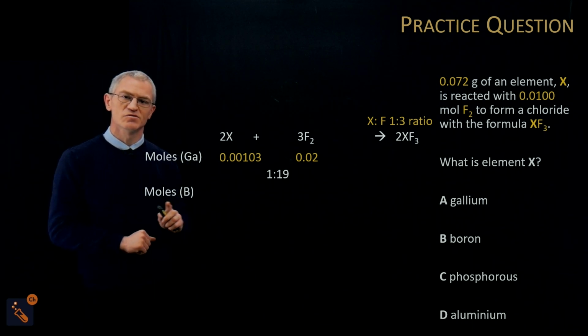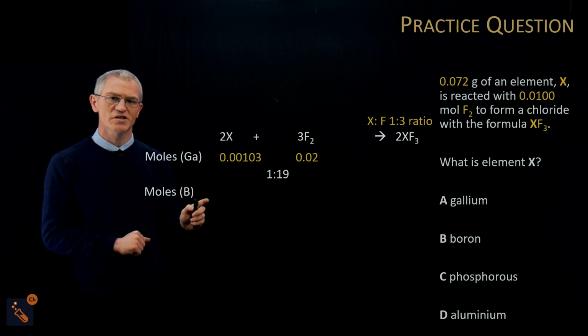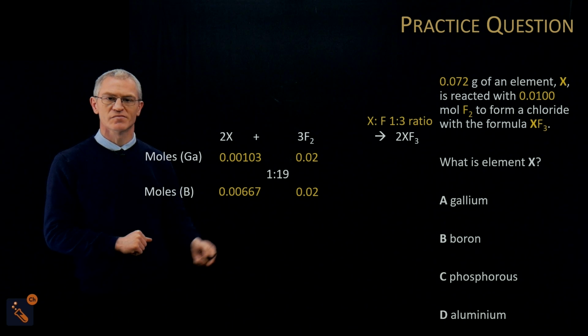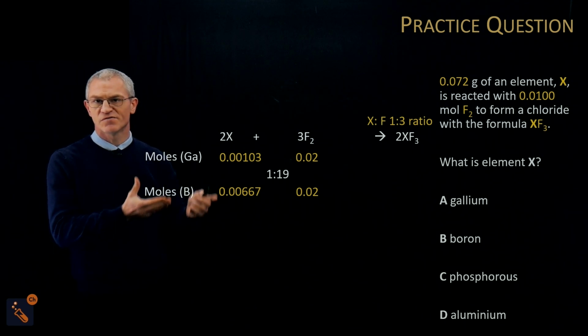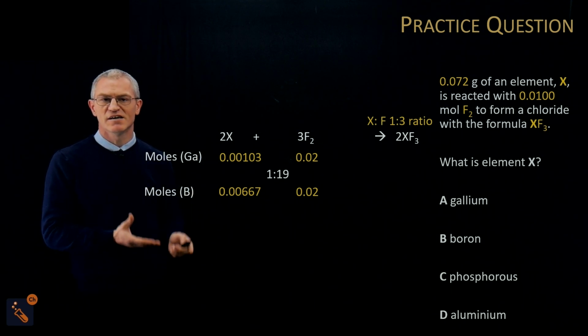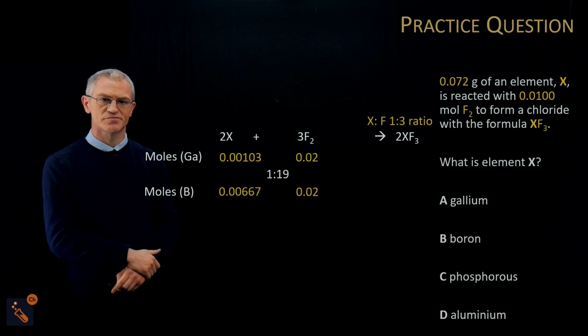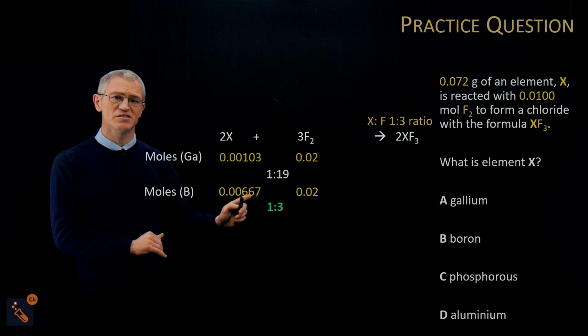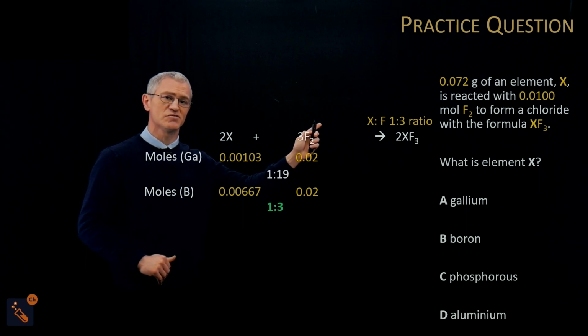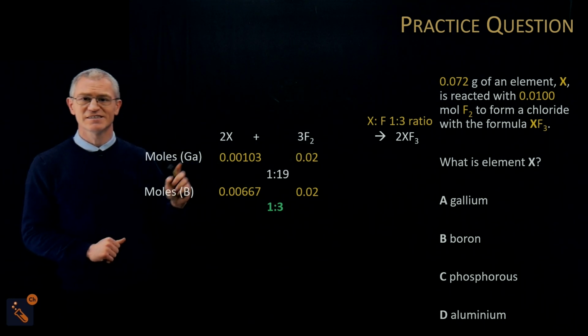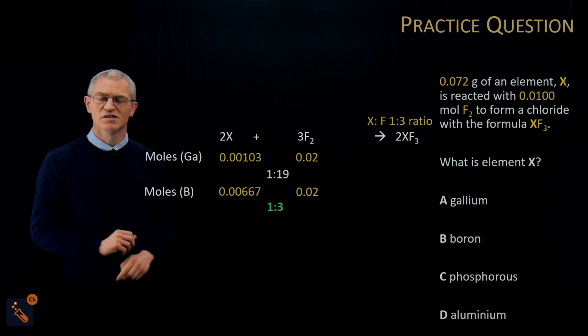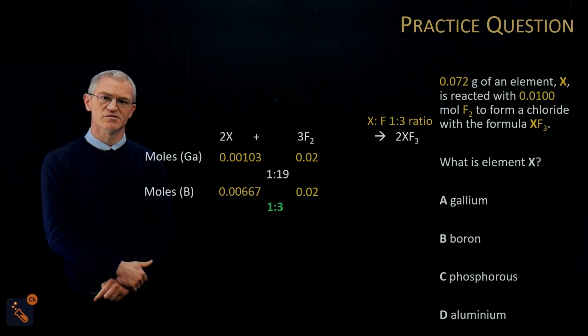We then go for moles of boron. If we work out moles of boron, it's 0.00667. Feel free to be putting this in your calculator as I do the questions. Better that you do it and not just watch the video. If you look at that, it's a ratio of 1 to 3. We want a ratio of 1 to 3, so it's in green. This is our answer.